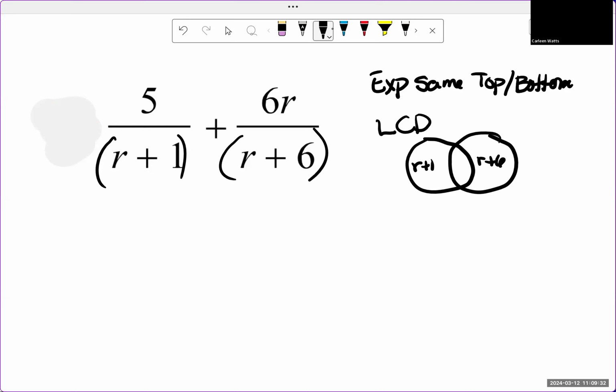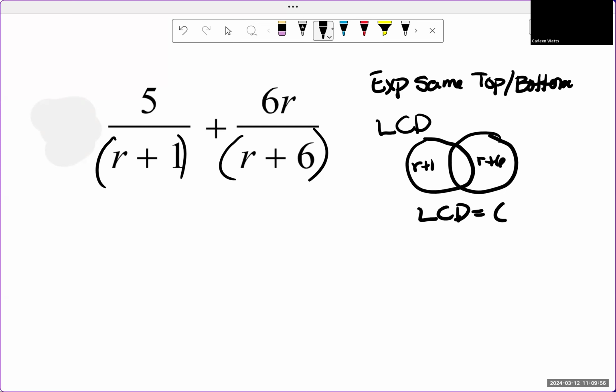Isn't that tricky? You thought you multiply R plus 1, top and bottom on the right side, and you do R plus 6 and multiply on the left side. Yes. But first, you are awesome. First, we have to see there's no overlap. So you're just ahead of me. I'm just going too slow for you.